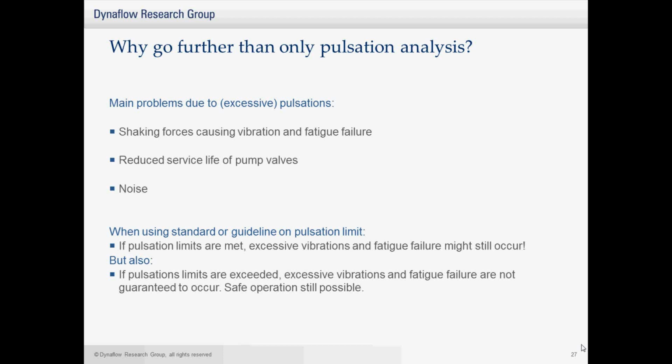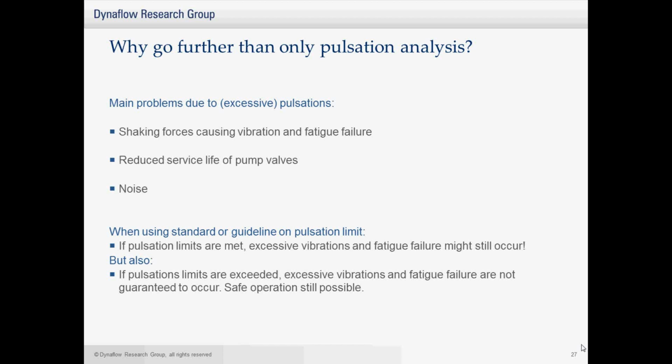Because when you go to the bottom of this slide and look at the last lines, you see that when using a standard or guideline on pulsation limits, if you meet the pulsation limits of a certain standard, it does not guarantee that there will be no excessive vibrations or fatigue failure. So if you have a very poorly designed mechanical system, you can still have excessive vibrations even though your pulsation limits are met.